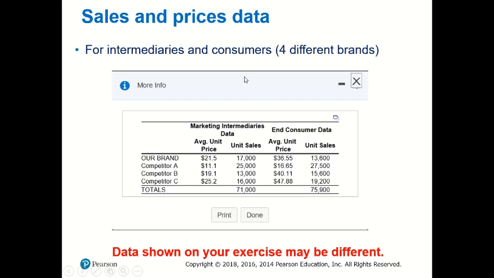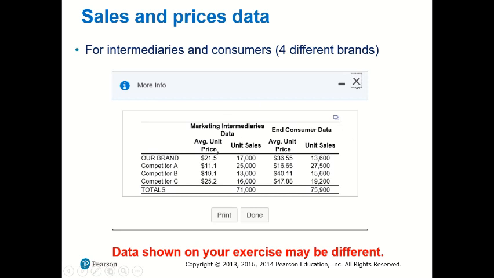And then what we have in this part here in the middle, this is the data of intermediaries, what you and your competitors sell to intermediaries, wholesalers or retailers. And then on the right hand side, these two columns at the right hand side, this is end consumer data. This is the data about sales that are made by the intermediaries to the final consumers.